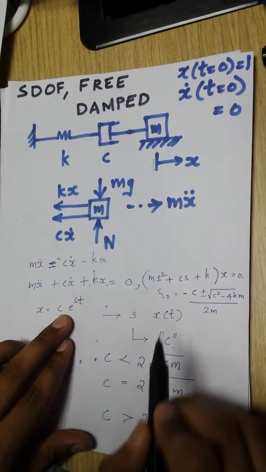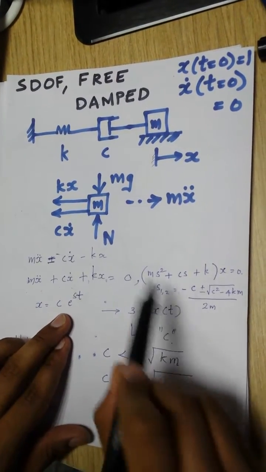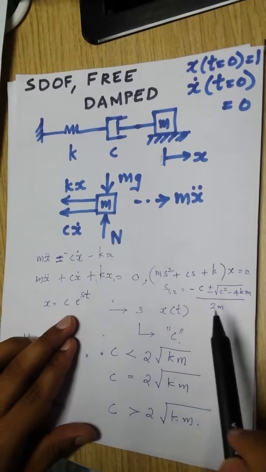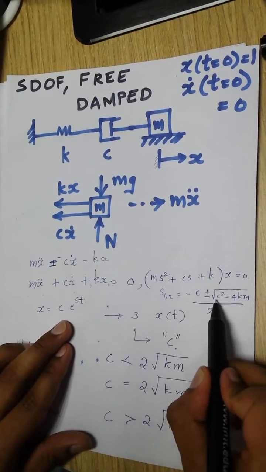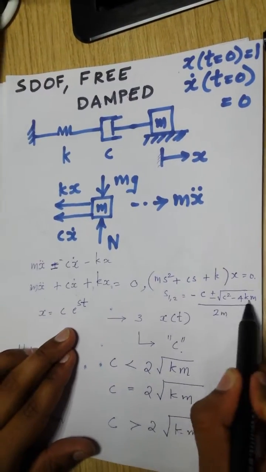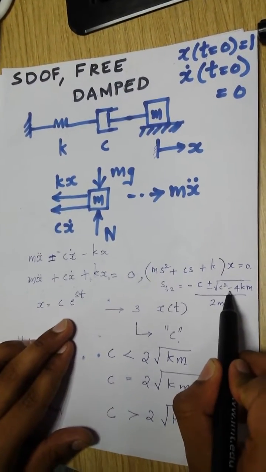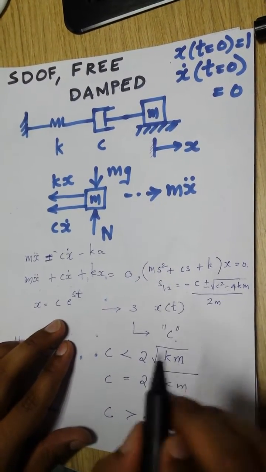One thing to be noted here in comparison to the undamped systems is that, depending upon the value of c square minus 4 k m, whether it is positive, zero, or negative, the solution will be different.